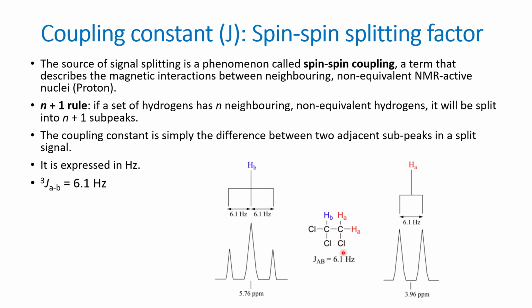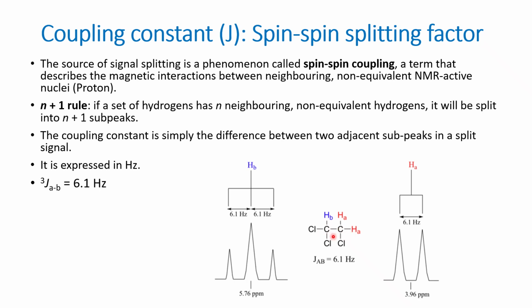In this particular molecule, this is a dichloro substituted compound in the second carbon, and in the first carbon you have a single chlorine atom. So in other words, there are two types of protons because they are non-equivalent.